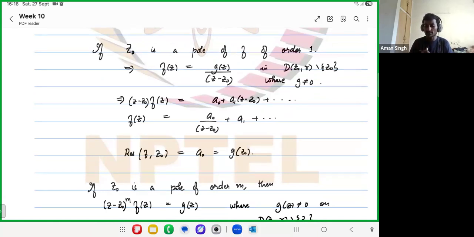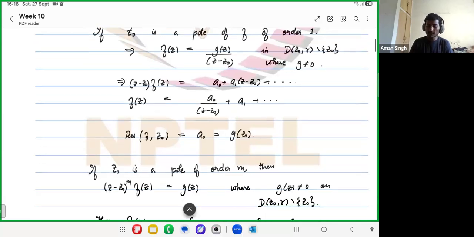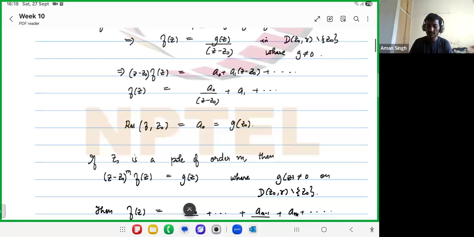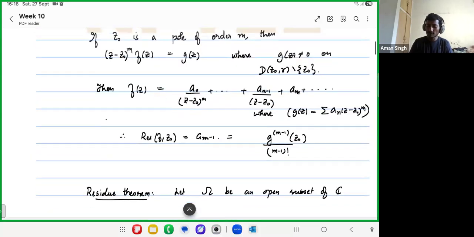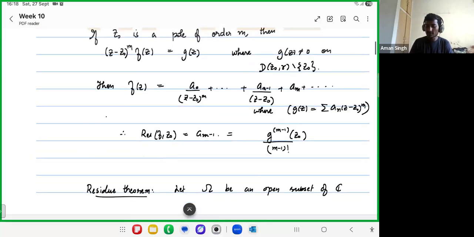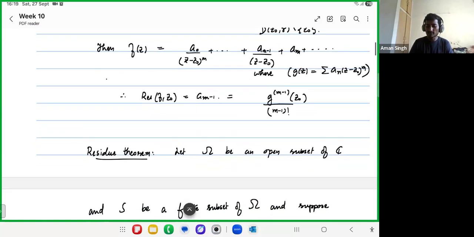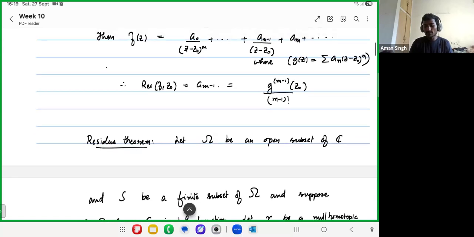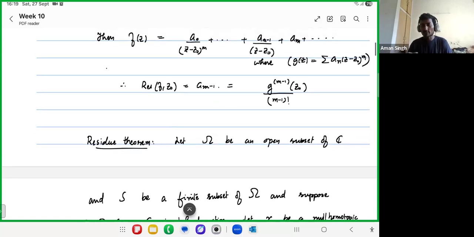So only one negative degree here, because we have a pole of order 1. In this particular case, the residue is a naught. Here, a pole of order m is given. In the other case, the residue is the coefficient a minus 1, which is the m minus 1th derivative divided by m minus 1 factorial.